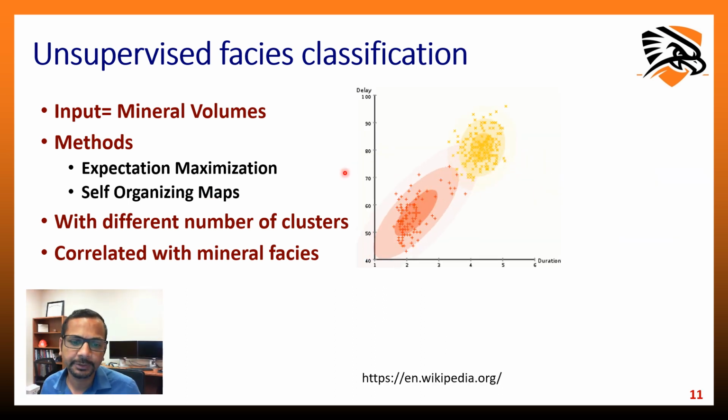So in the expectation maximization method, the probability of each point is computed to belong to a certain cluster. If the probability is high enough, then that point belongs to that particular cluster. Otherwise, this point should belong to some other cluster.